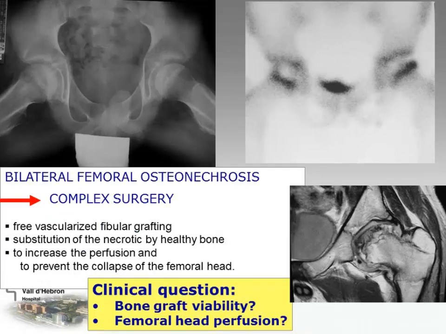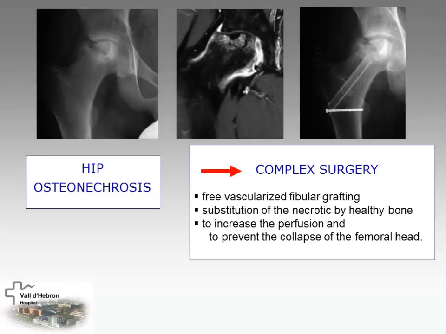And what they try to do is a complex surgery that consists of a free vascularized fibular grafting, a substitution of the necrotic bone in the femoral head by a healthy bone in order to increase the perfusion and to prevent the collapse of the femoral head. This is the surgery.